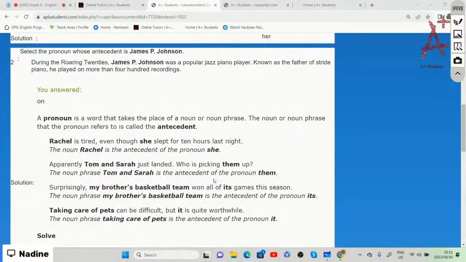Now we need to select the pronoun whose antecedent is James P. Johnson. During the Roaring Twenties, James P. Johnson was a popular jazz piano player, known as the father of stride piano. He played on more than 400 records.